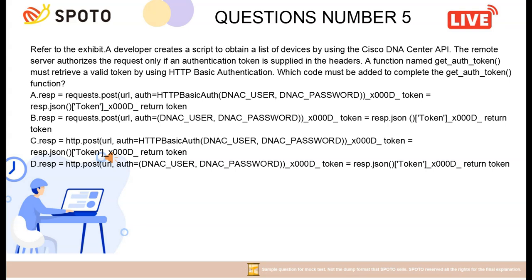C. resp = http.post(URL, auth=HTTPBasicAuth(DNAC_USER, DNAC_PASSWORD)); token = resp.json()['Token']; return token. D. resp = http.post(URL, auth=(DNAC_USER, DNAC_PASSWORD)); token = resp.json()['Token']; return token. You have 15 seconds to answer.